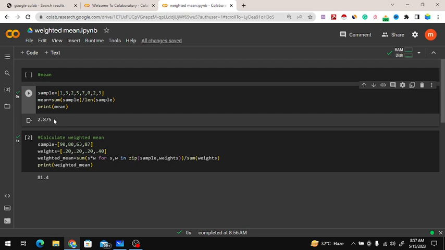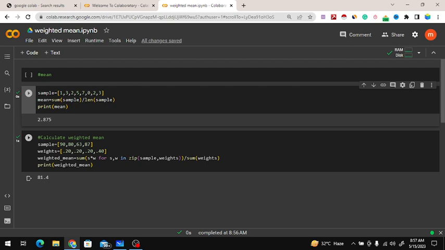Weightage mean is actually the weighted average, you can say. The mean commonly used gives equal importance to each value. So how do we calculate the weightage mean in Python? I have taken a sample like 80, 90, 80, 63 and 87, and weights like 20% for the 90 and 20% for the 80 and 20% for the 63, and 40% for the 87.